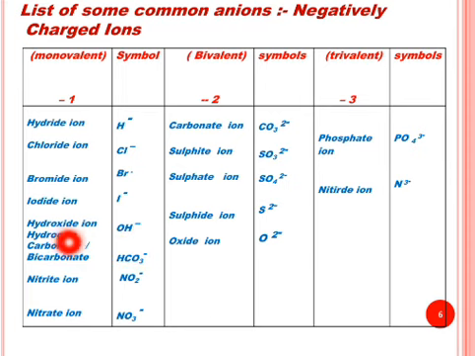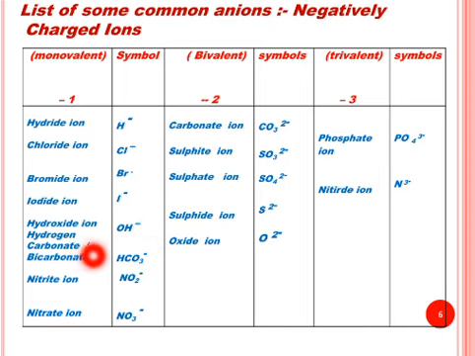For example, hydroxide ion OH-. It is a group of two atoms, oxygen and hydrogen, carrying a single negative charge. What is the atomicity of this ion? As it carries two atoms, oxygen and hydrogen, the atomicity is 2. And this is a polyatomic ion, a group of two atoms carrying one negative charge.